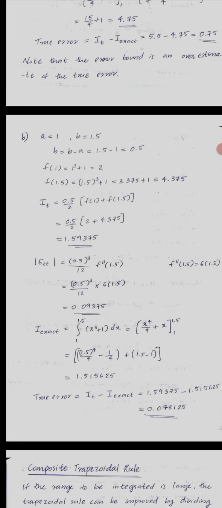I_T = 0.5/2 into (f(1) + f(1.5)). f(1) is 2 and f(1.5) is 4.375. So we get 1.5935. Mod E_T = 0.5³/12 f'' of 1.5 = 0.5³/12 into 6 into 1.5 = 0.09375. I exact = the integral from 1 to 1.5 of (x³ + 1) dx = x⁴/4 plus x, limit 1 to 1.5.